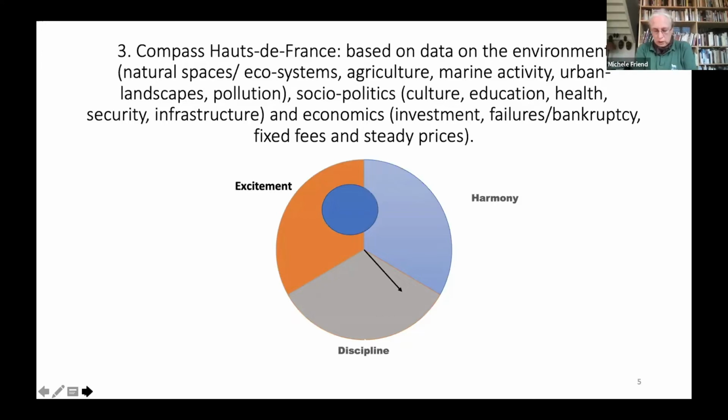And so when we control nature, we place the data, the amount of the natural space that is controlled by us, we place that in excitement, because that shows our control over nature. Polluted areas, places where nature is starting to collapse, where there's loss of biodiversity, that belongs to discipline. So that's one part of the compass.